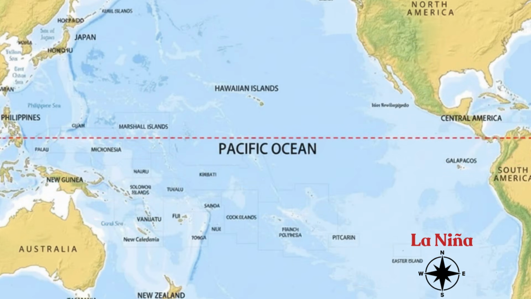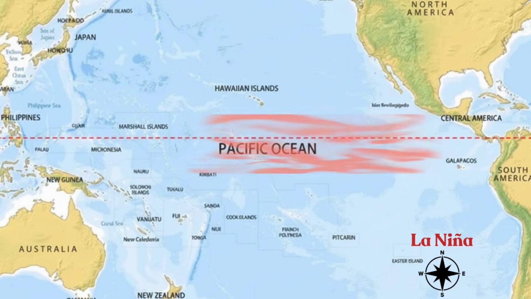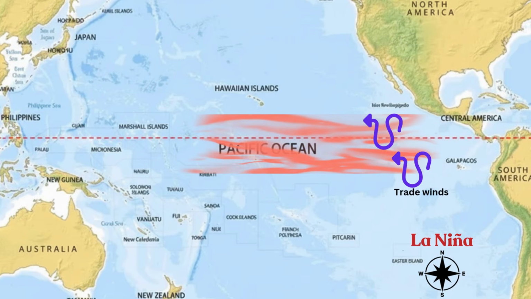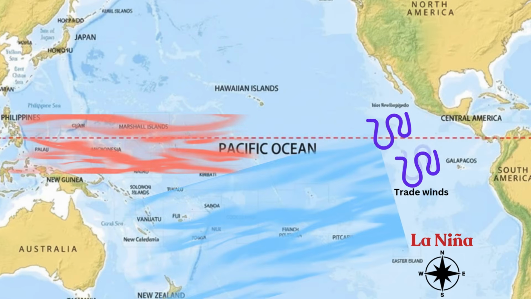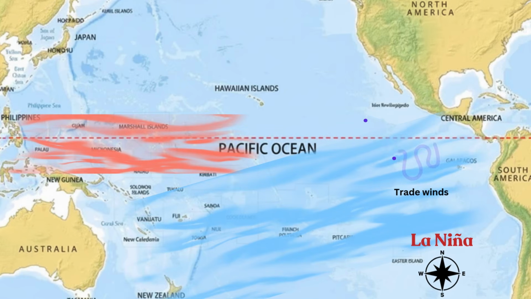Now, let's look at La Niña. It's basically the opposite of El Niño. This phase is similar to the normal phase, which we have discussed earlier. During La Niña, the trade winds become even stronger than usual. They push warm water further west, allowing colder water from deep in the ocean to rise up along the coast of South America. La Niña typically leads to colder ocean temperatures in the eastern Pacific and warmer conditions in the western Pacific.